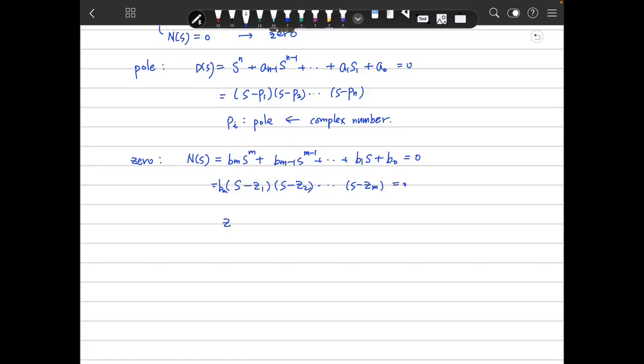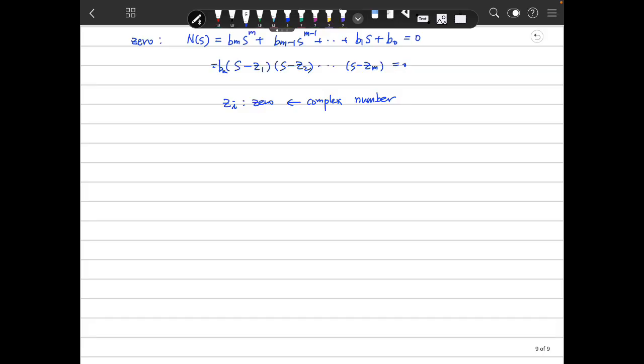So we call g_i a zero, which can be a complex number. But in the phasor, the pole is just j omega, so there are only imaginary terms. But in the Laplace, the pole is a complex number. So the phasor approach is a subset of the Laplace approach.